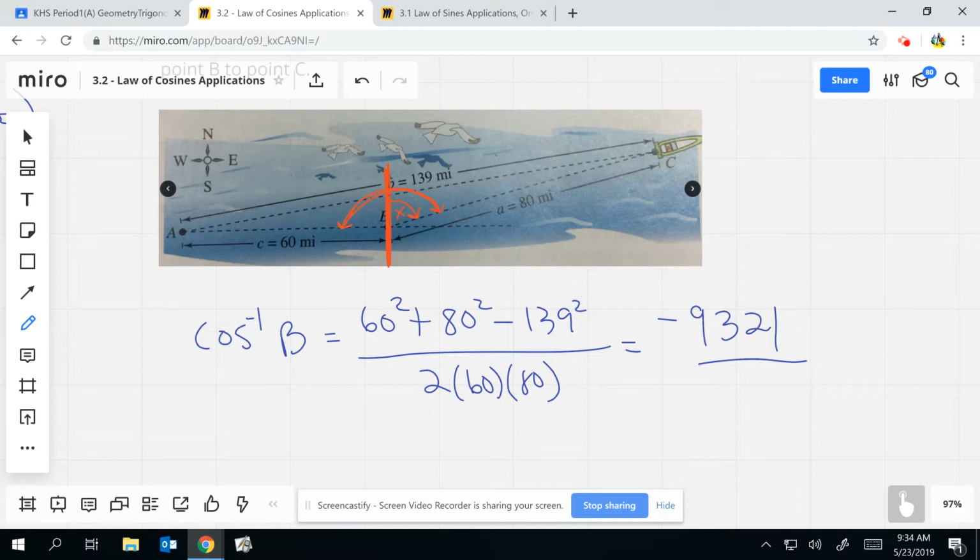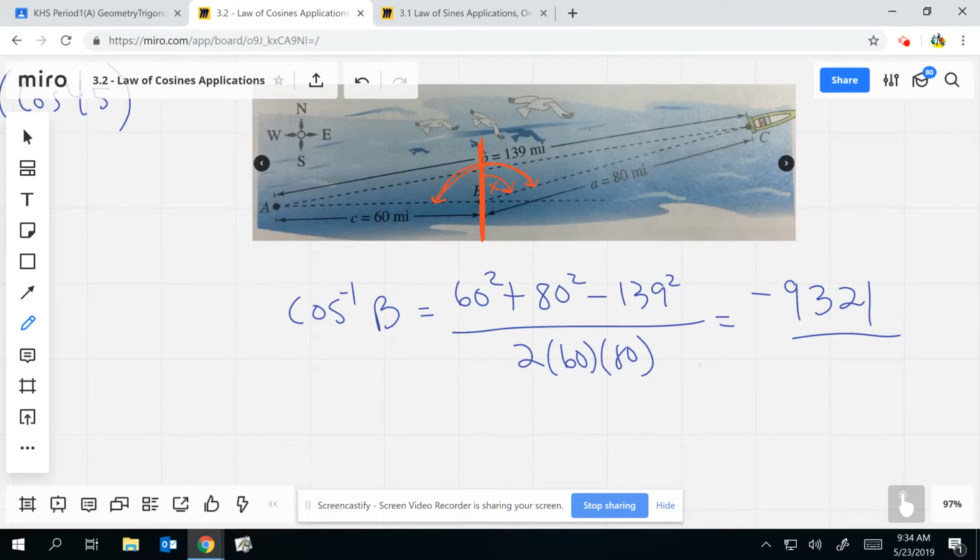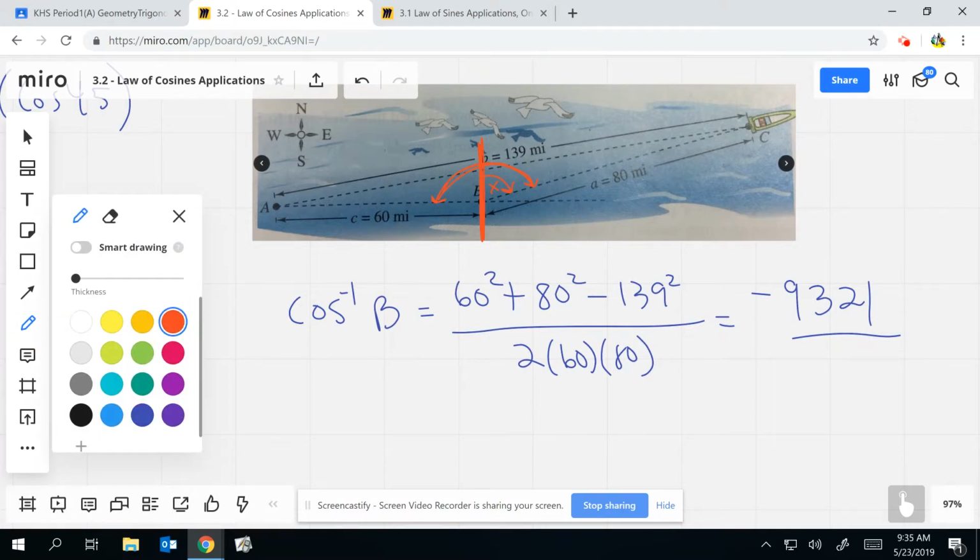because if you look at this, it's kind of like you have an XY axis right here. And we know our angle is going to be an obtuse angle, which is going to put it in the second quadrant. And in the second quadrant, cosine is a negative value. To get to the second quadrant, you need a negative x and a positive y.